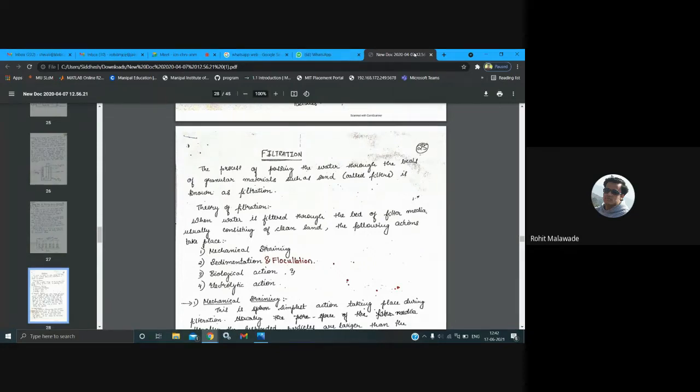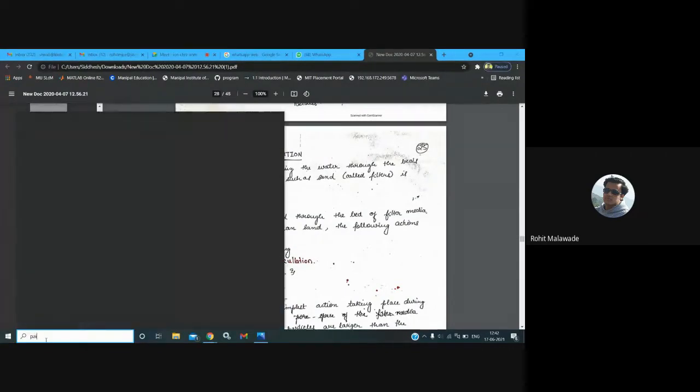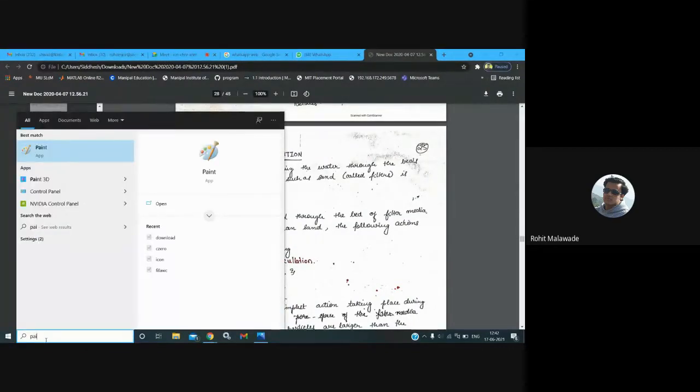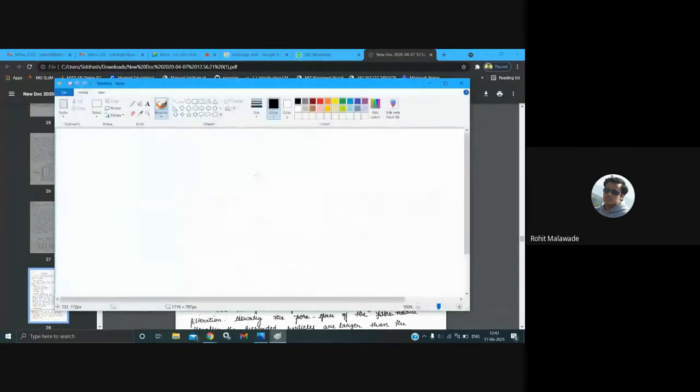Whatever particles have not been settled, all those particles it is going to remove. That is the work of your filtration process.